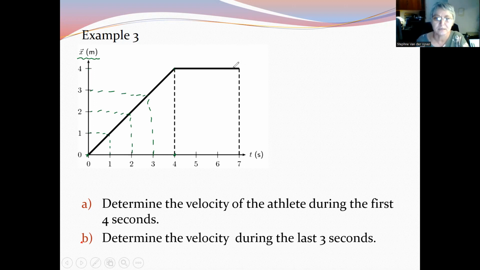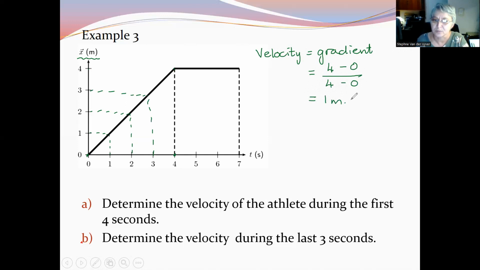We can say that it's uniform velocity. The velocity will be equal to the gradient, and you need to show how you calculated the gradient. You could use 4 minus 0 divided by 4 minus 0, which gives us 1 meter per second as the velocity.